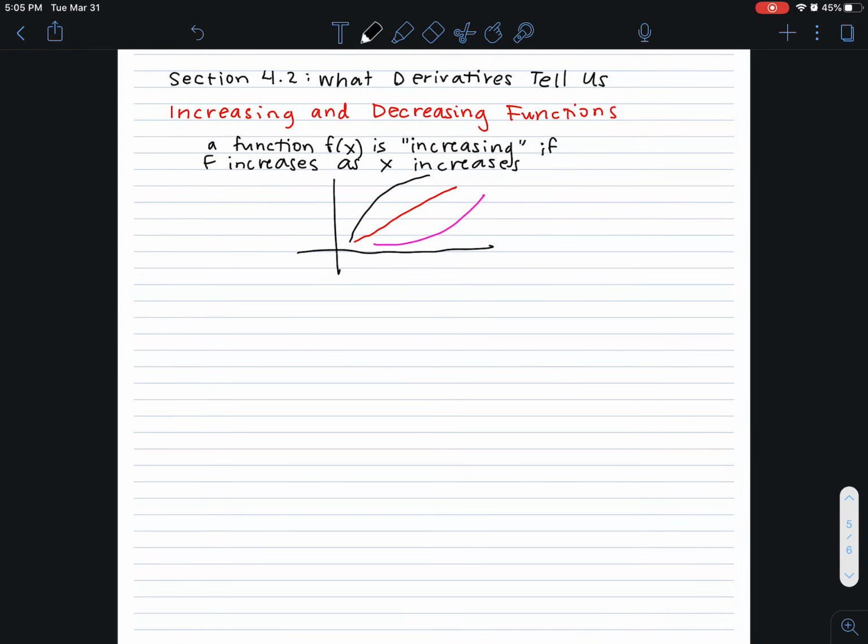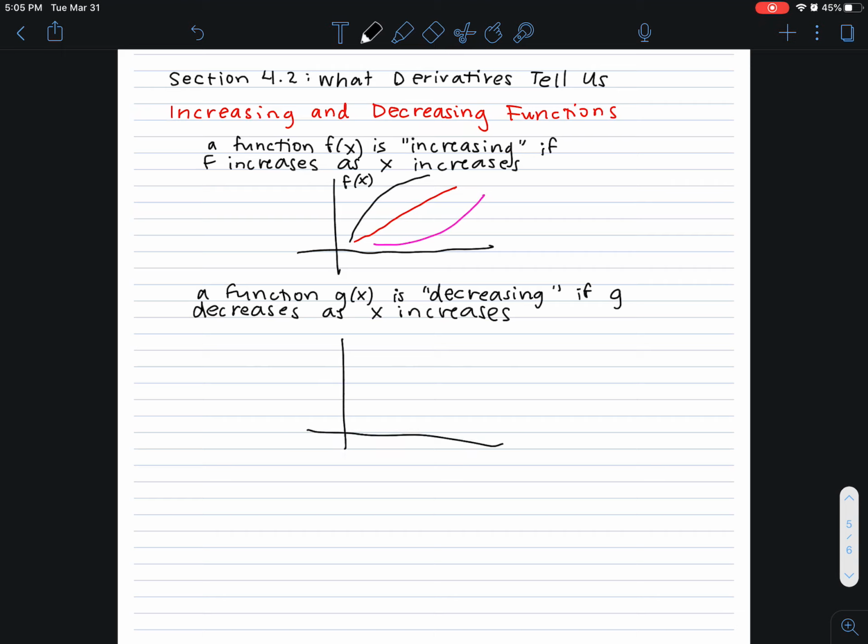And in that same tone, a function, we'll say g of x, is decreasing if g decreases as x increases. So a picture of that would be something like this.